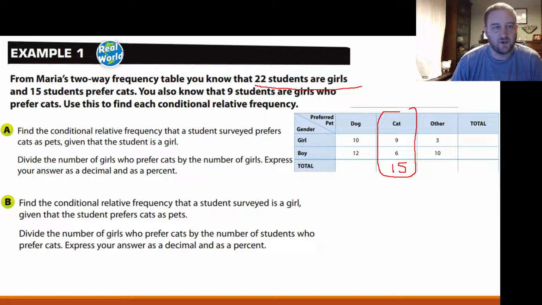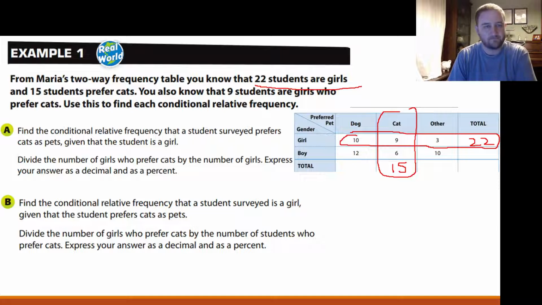And 22 students are girls: if you add up all the girls right here, 10 plus 9 plus 3, that's 22. You also know that 9 students are girls who prefer cats. Use this to find each conditional relative frequency.